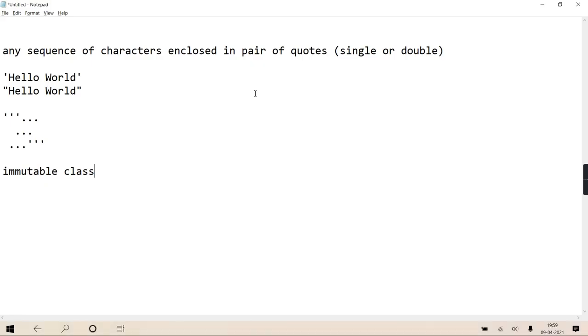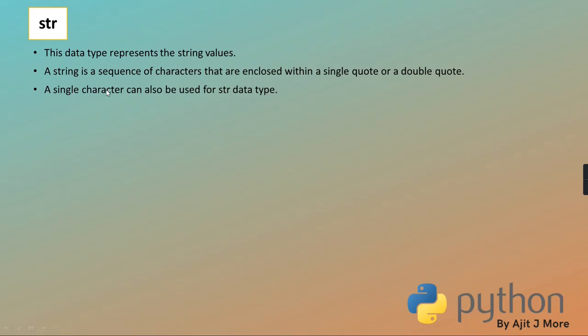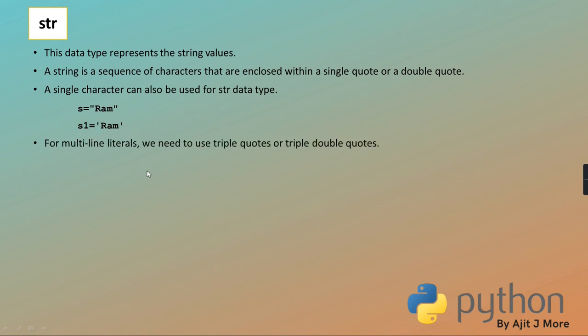In other languages, when you write single quotes with a single character, it is treated as a character. Here it's not a character, it is still a string. S equal to Ram I have written, S1 also Ram, one in double quotes, one in single quotes. Doesn't matter, both are strings.